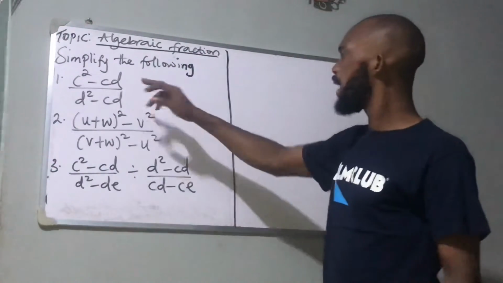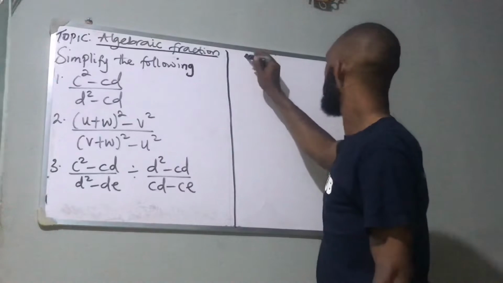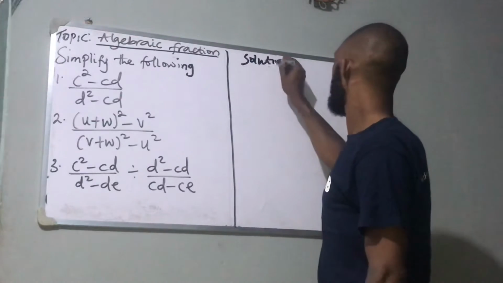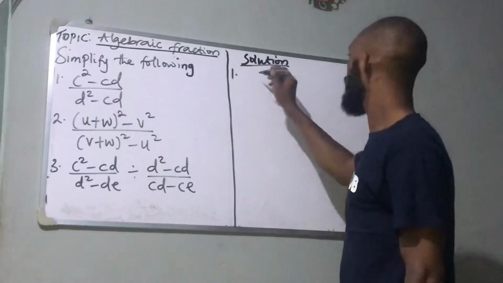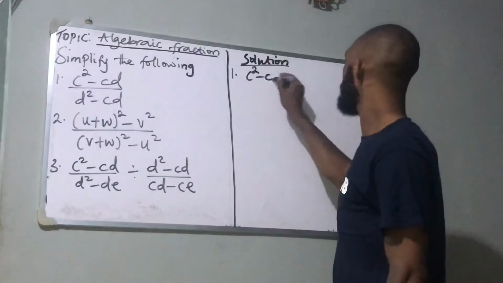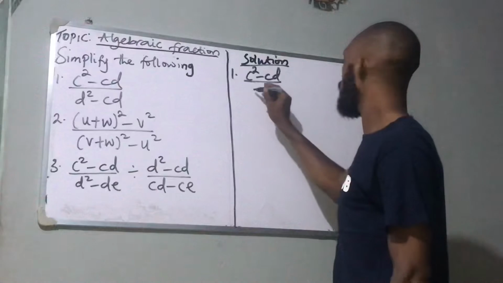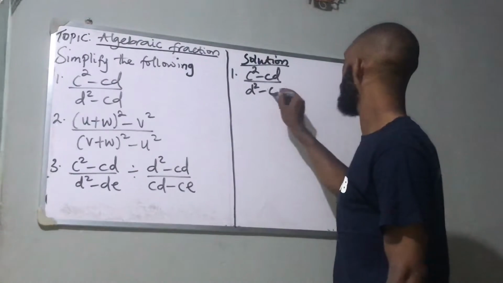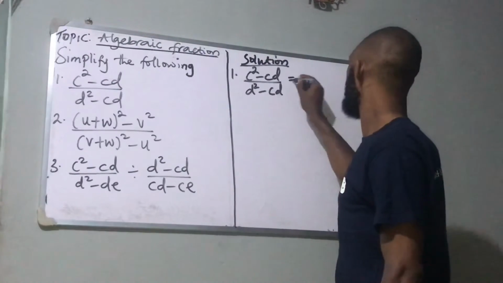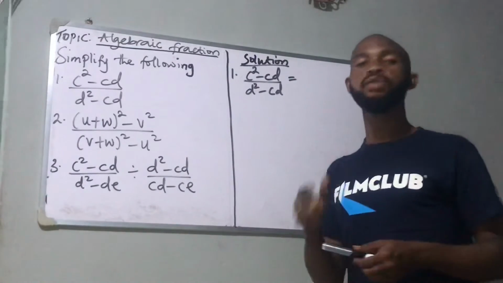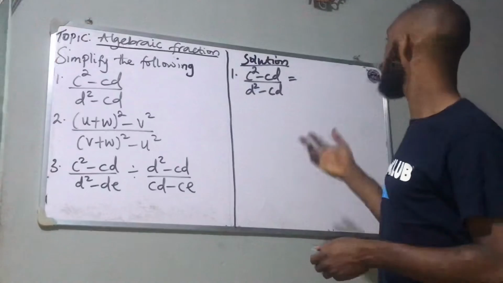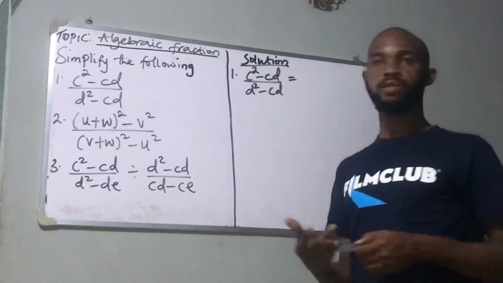Now let's solve the first one. Solution. Number one, we have c squared minus cd over d squared minus cd. First, all we need to do is to factorize the numerator and also the denominator. Now how do you factorize?